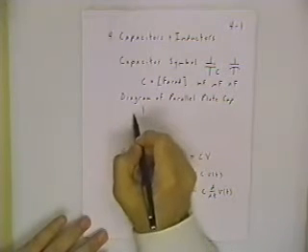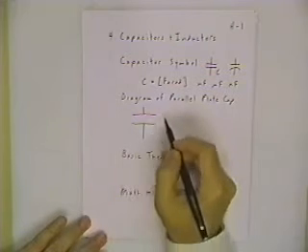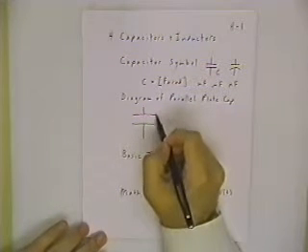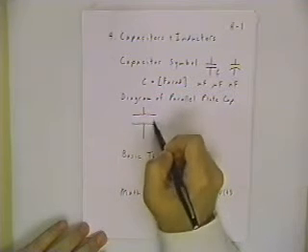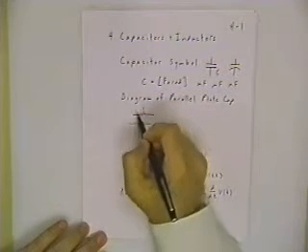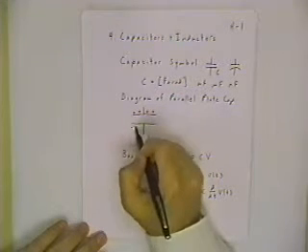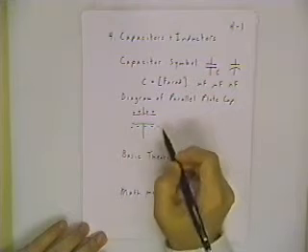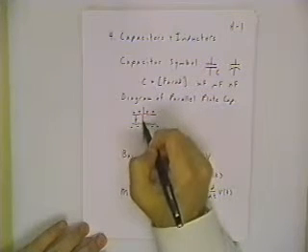The way a capacitor works is that it stores energy in the form of electric fields. So what you have are two separated conducting plates. Usually there's a dielectric material in between, and by arranging to have an excess of positive charge on one plate and an excess of negative charge on the other plate, you can have electric field lines going from one plate to the other.